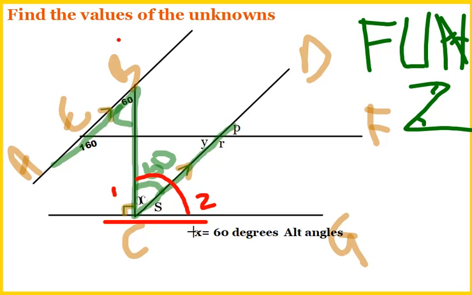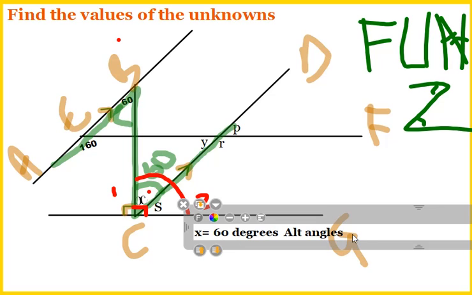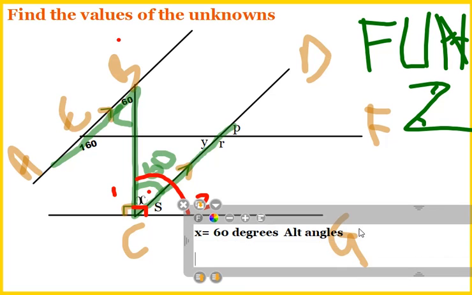The reason is angles on a straight line. If this is 90, then this whole part here will also be 90, because 90 plus 90 is 180. We already have X, so 90 minus X, which is 60, will give us S. So we write it as follows: S equals 90 minus 60 degrees, which equals 30 degrees.